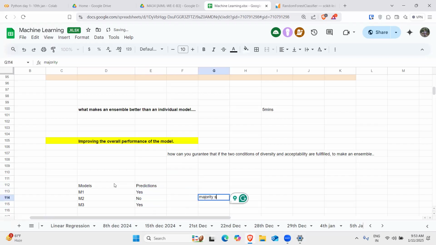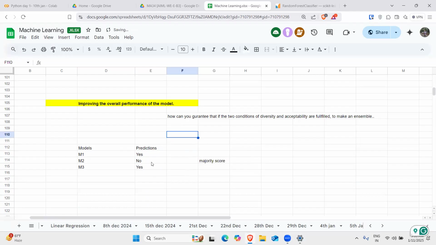And your majority score will be this time. So three models are there. The first model says the prediction is yes. The second model says no. The final model says yes. So what will be the majority prediction? It will be yes or no. Everyone, what's your majority of the prediction? It goes for yes, right? It goes for yes.